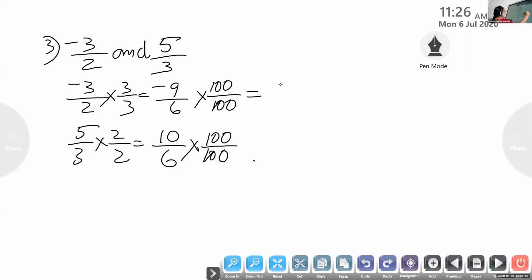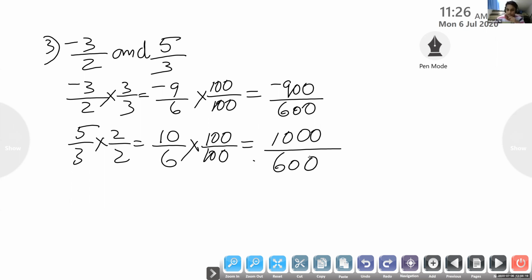So it is negative 900 by 600 and 1000 by 600. We can do it by 10 also, so negative 90 by 60 and 100 by 60. No problem. If you multiply by 10, that is also correct. Now you can write any 5.